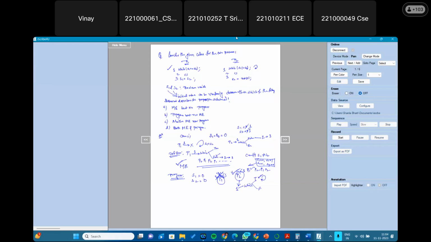Why? Because the values of S1, S2 are the same, which is due to P1. So what it basically represents is that progress is violated, or progress is not achieved in this case or given code. So the first option will be true, mutual exclusion, but no progress, right?